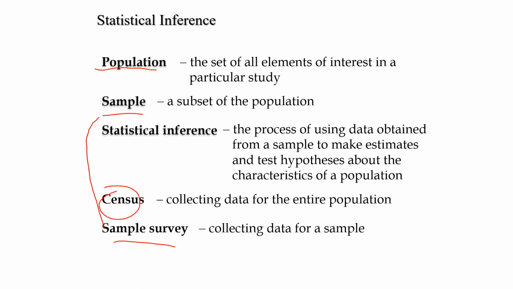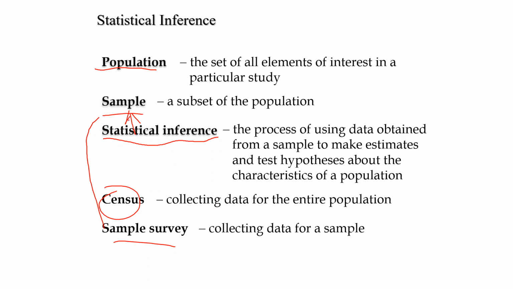So for the population, we use a parameter to characterize the population, and we learn the parameter's value using the census. Equivalently, to understand the sample, we don't want to know everything about the sample; we only want to know certain characteristics. We use a statistic to characterize the sample. In other words, the parameter is used to characterize the population, and the statistic is used to characterize the sample.